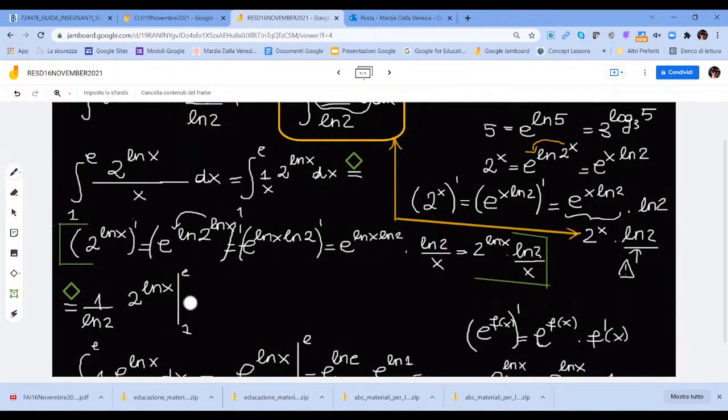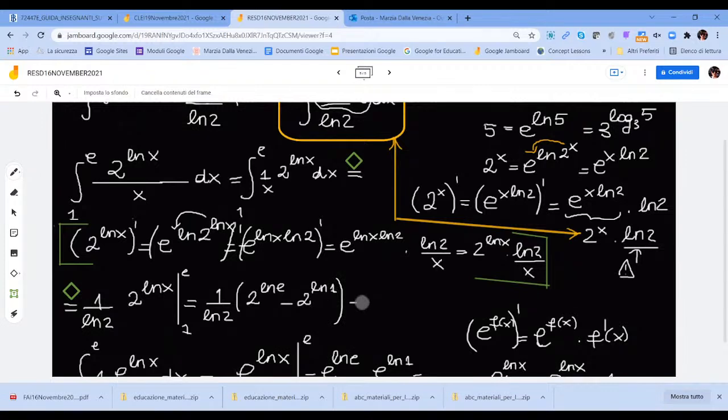So then you have 1 over logarithm of 2, and then you have 2 to the logarithm of e minus 2 to the logarithm of 1.